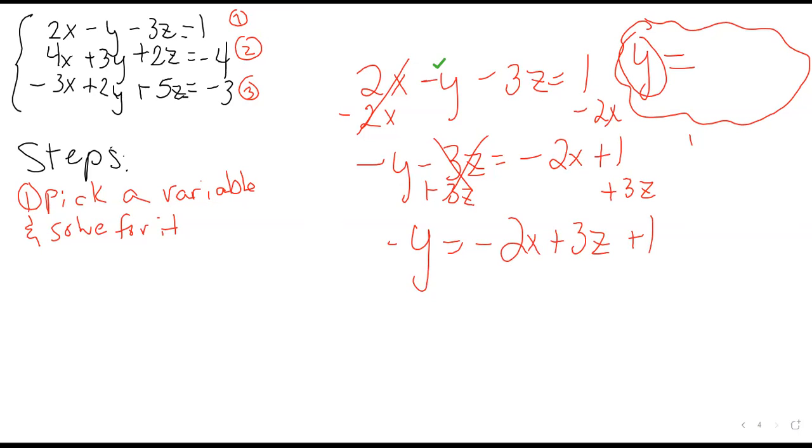Negative 1. If I multiply everything by negative 1, I will now have that y equals, now a negative and a negative, positive 2x minus 3z minus 1. Do we see that?